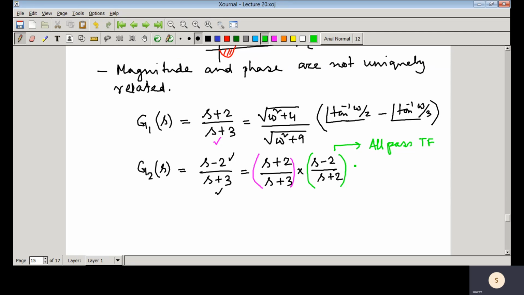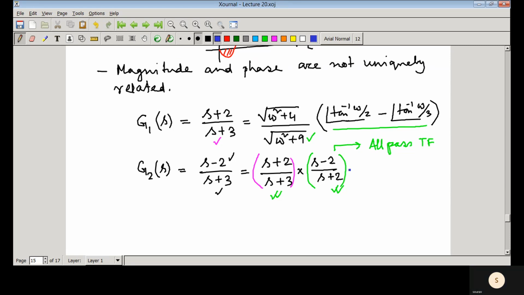Now let us see what would be the angle. For this transfer function, we have that gain and this particular phase, but this term is introducing some extra phase. What is that?